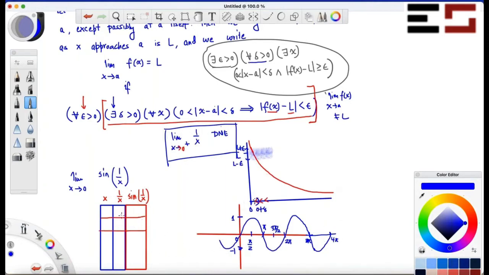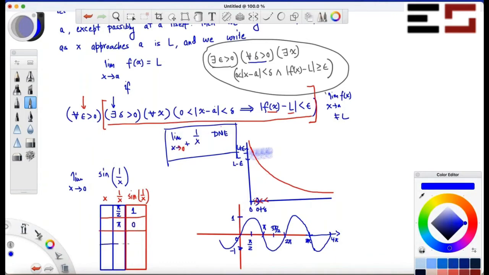So what I've done is, if I have this particular argument, then I plotted sine of this particular argument. So for example, at pi by 2, when 1 by x is pi by 2, then sine is 1. When 1 by x is pi, then sine is 0.